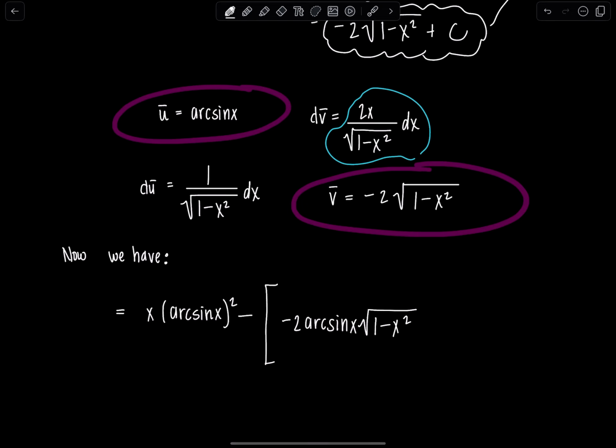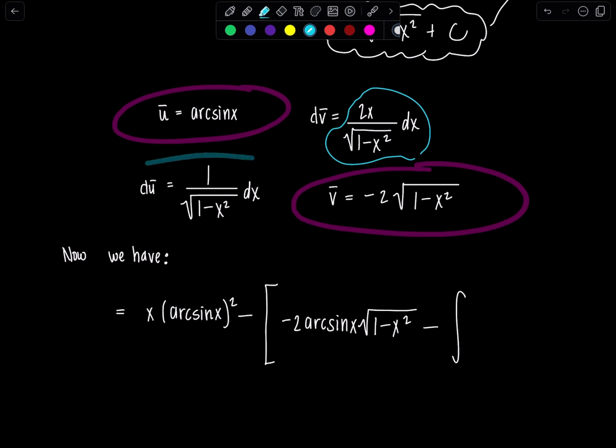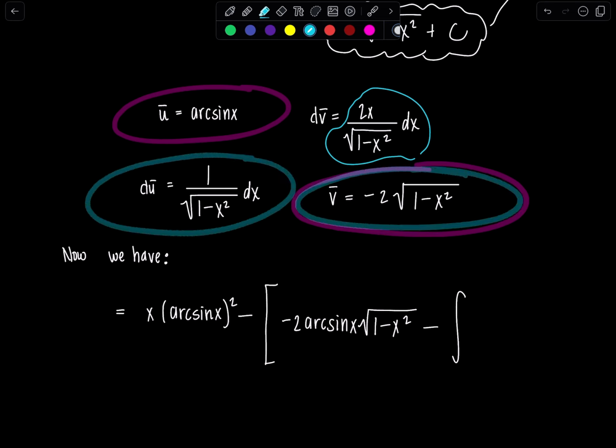Minus the integral of du bar times v bar. Notice I have another minus sign, so I'm just going to switch this to plus 2 radical 1 minus x squared. And then du bar is 1 over radical 1 minus x squared, so let me put that right here, dx. Close her up.